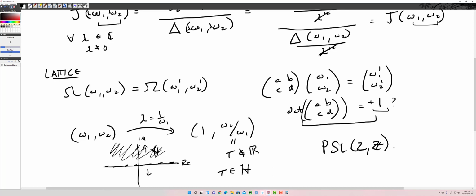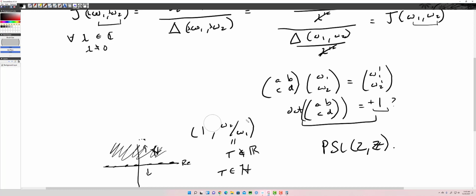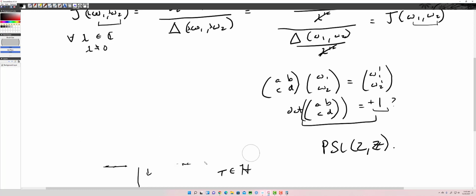Any element of this expressed as a Möbius transformation on tau gives us the same thing after we've plugged it into J. So here's an example of that really quickly. The elements of this group are pretty easy to find. There's a couple of generators. We'll talk about this way more in depth later on.